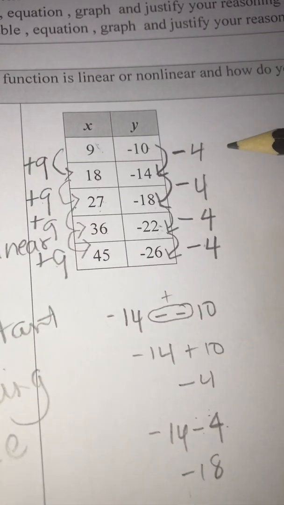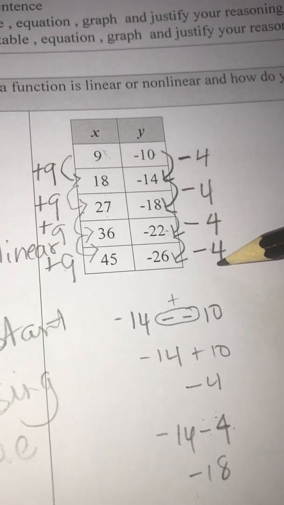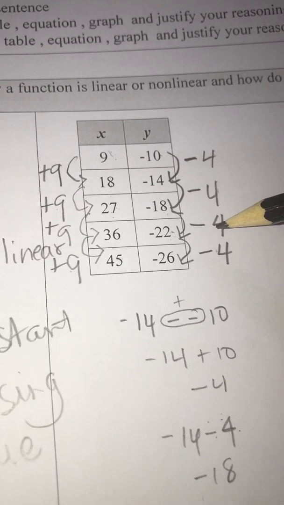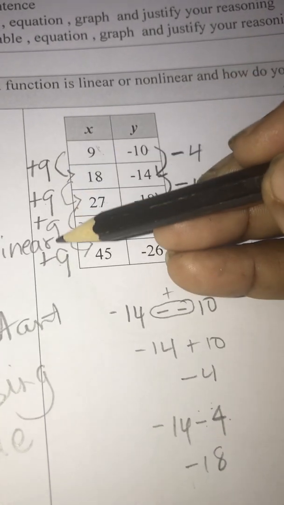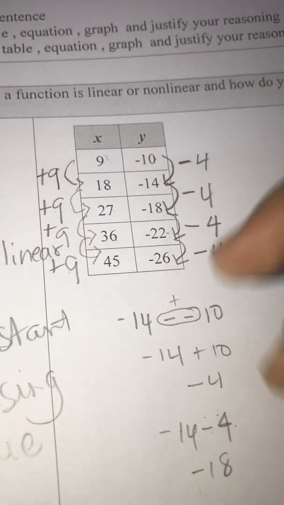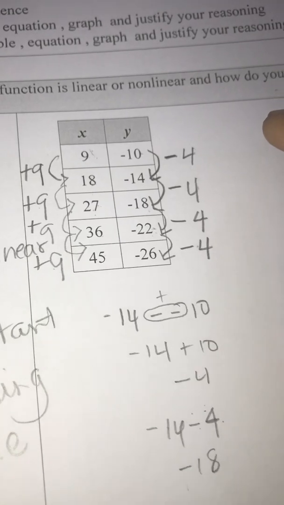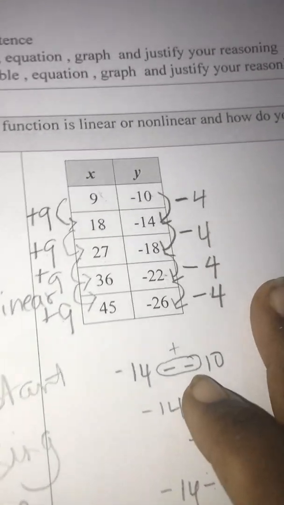Okay, what do I notice? All my y's are decreasing by the same number. All my x's are increasing by the same number. So therefore, we have a constant rate of change. Okay?